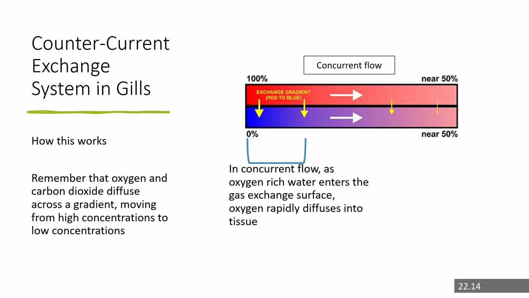Again, as water passes by the capillaries in the gills, oxygen diffuses into the circulatory system. Because this relies on diffusion, oxygen will only move into the circulatory system if the capillary has lower oxygen concentration than the water. So when oxygenated water first meets the capillary, filled with deoxygenated blood, oxygen rapidly starts to diffuse into the capillary.